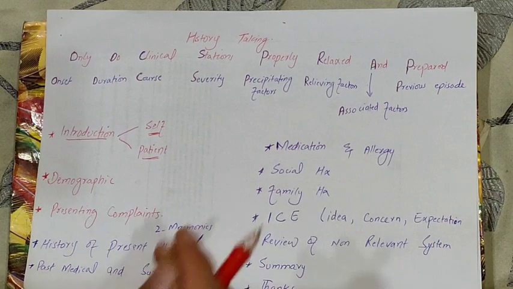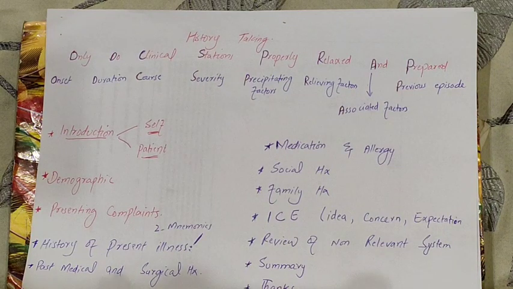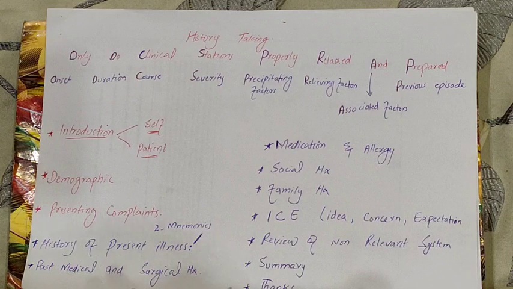Now this is just a bit of introduction, to confirm that I'm taking the history of the right patient. Again, can I confirm your name and age please? After doing that, you will come towards the demographics.